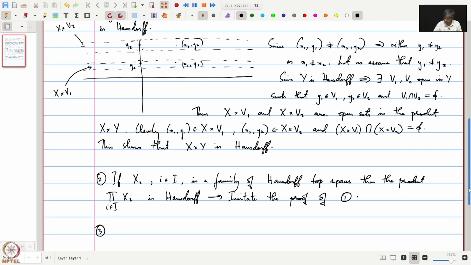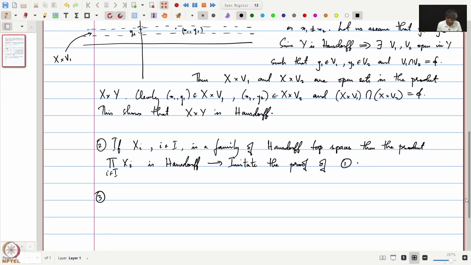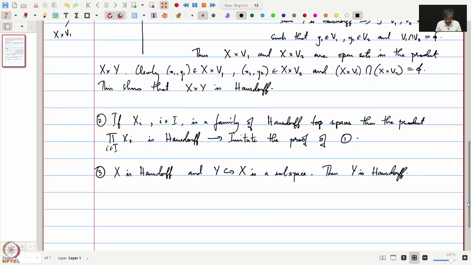So finally, the third easy exercise: X is Hausdorff and Y contained in X is a subspace. Then Y is Hausdorff. Let's quickly see this.